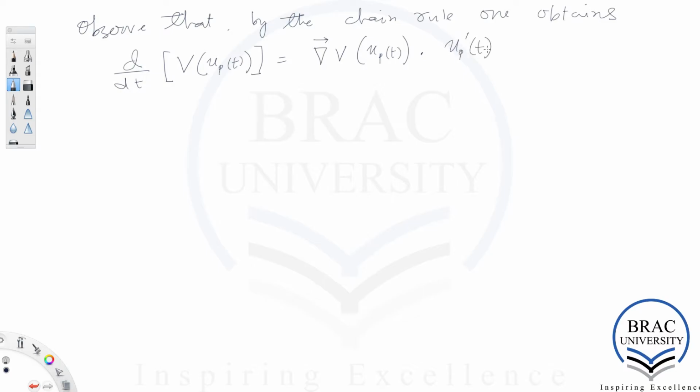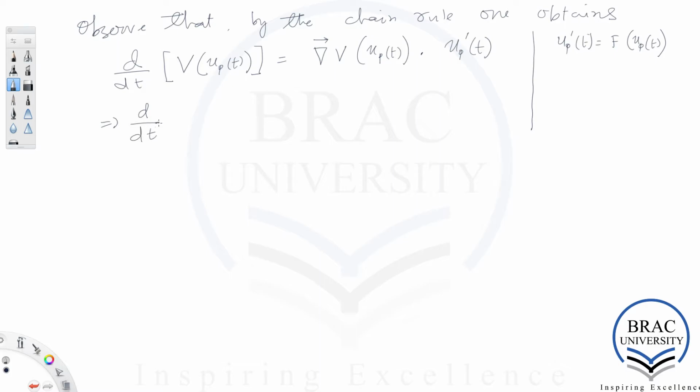Okay, it's just the application of the ordinary chain rule. But since we know that up of t solves the underlying differential equation, meaning that up prime t is going to be equal to f of up of t, right? Because up of t solves the ODE.